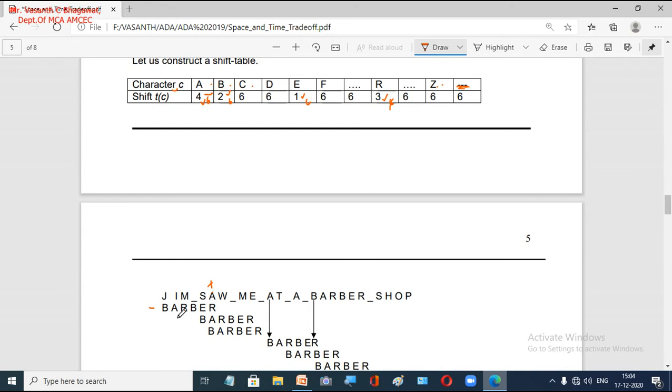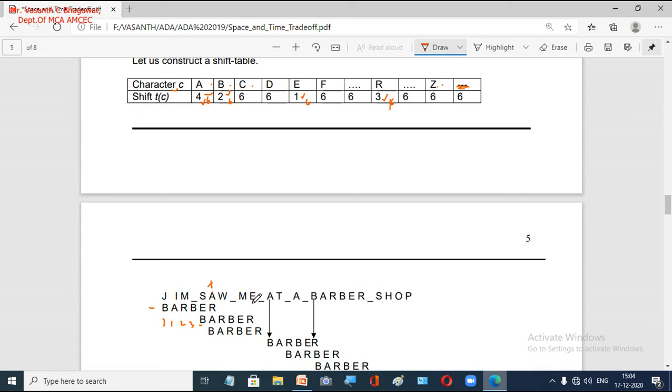So if you are here, now if you shift 1, 2, 3, 4, you are at this position. So it will come here, because for A the shift table value is 4. So now we repeat the same process.